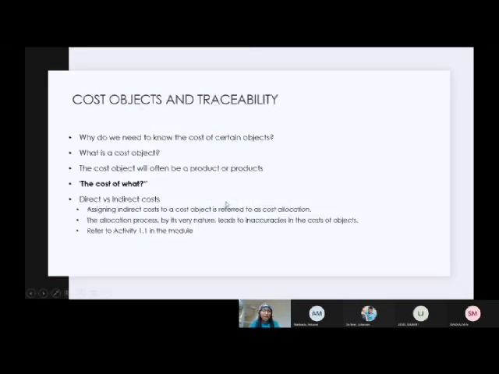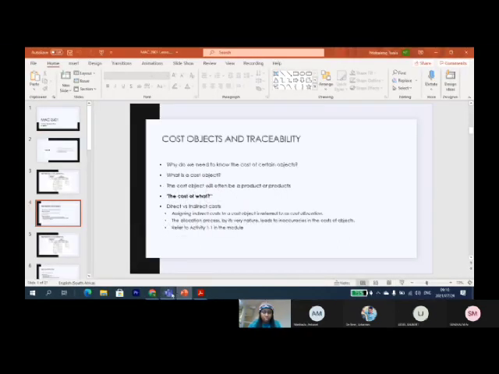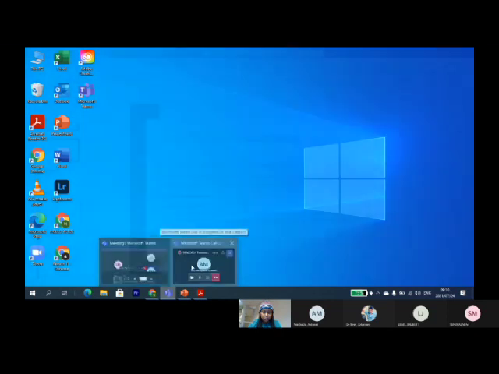So I'd like this session to be as interactive as possible. Please raise your hand, and then we can start talking about certain things that I will be asking. Okay, so if I may ask, why do you think we need to have cost for certain objects?